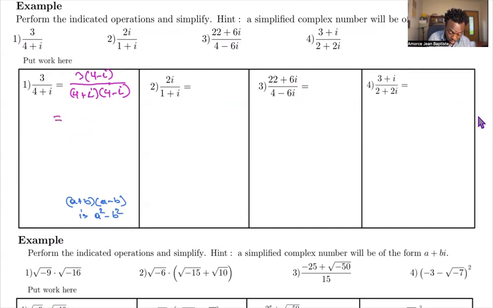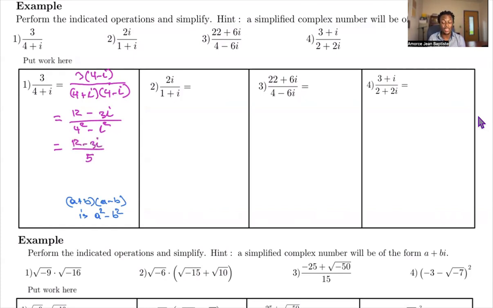So that equals 12 minus 3i over 4 squared minus i squared. i squared is negative 1, so negative 1 times negative 1 is positive 1, so the denominator is 5. The top is 12 minus 3i.